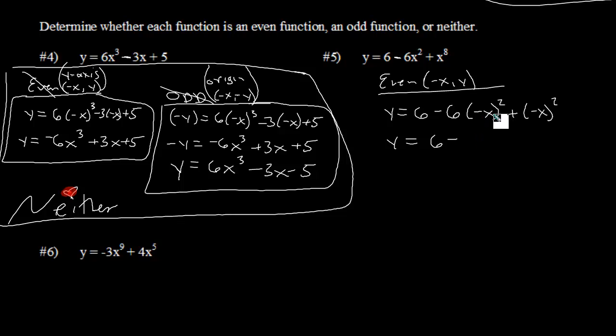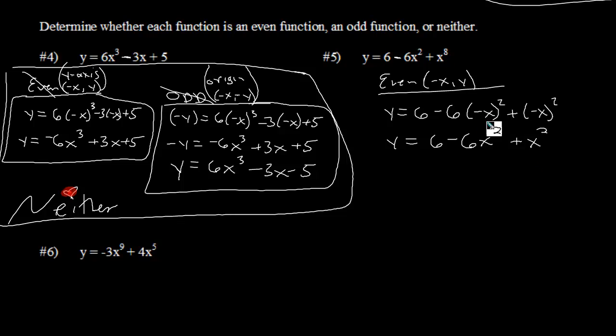A negative x quantity squared is a positive x squared. A minus 6 times a positive x squared is a subtract 6x squared. A negative x to the second is positive. Adding a positive is the same thing as, well, adding a positive.